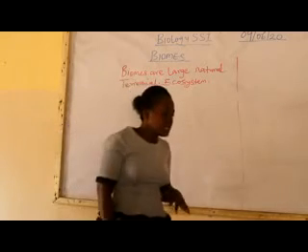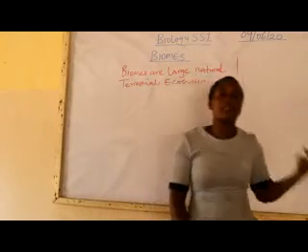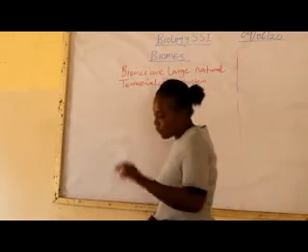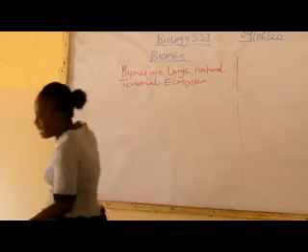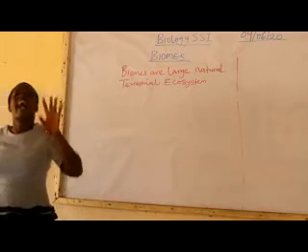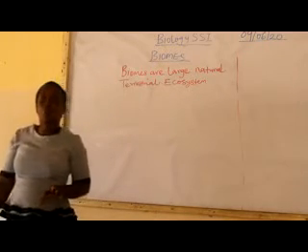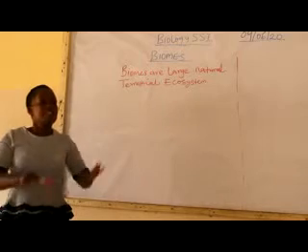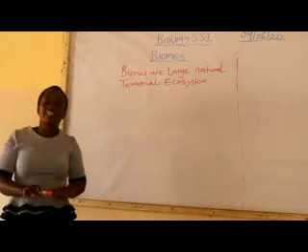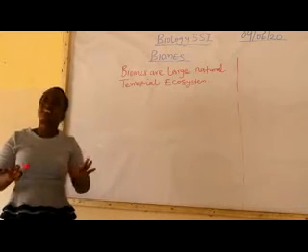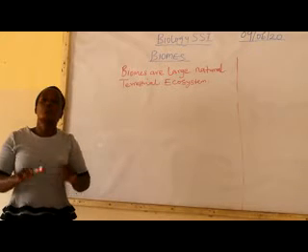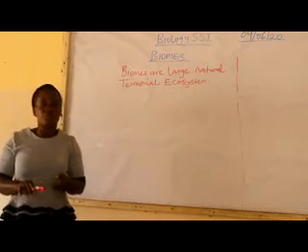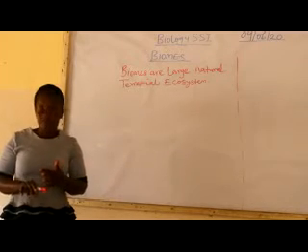Because the temperature is high there, and rainfall is also high throughout the year, it makes the type of vegetation found there to be what? Densely populated with tall trees. You go there and see big trees, thick vegetation, because climate is affecting it.